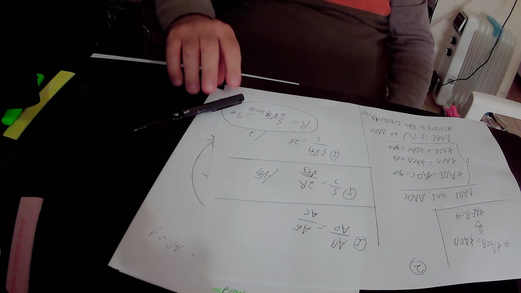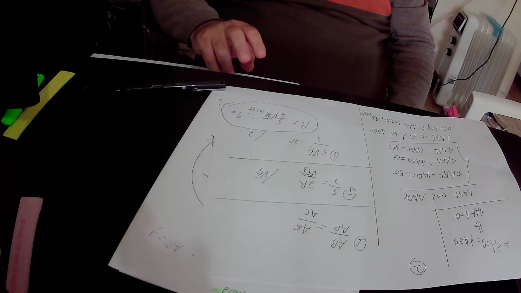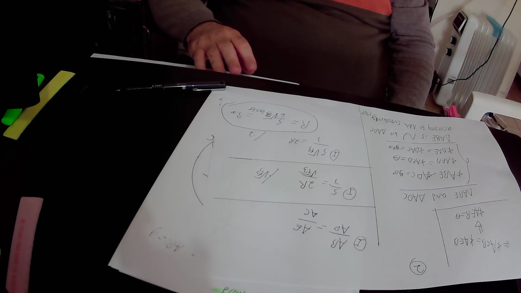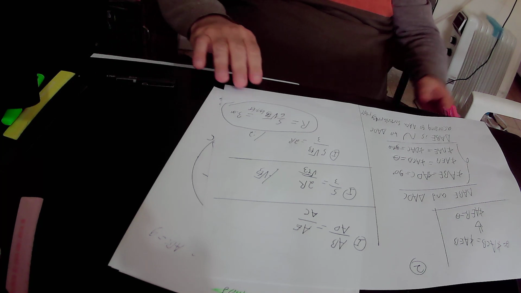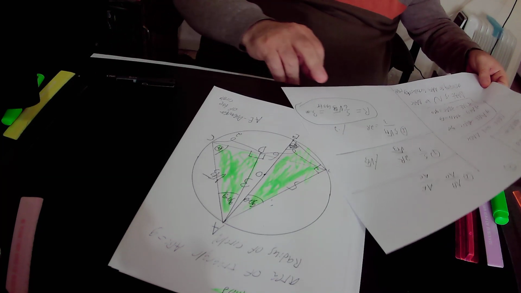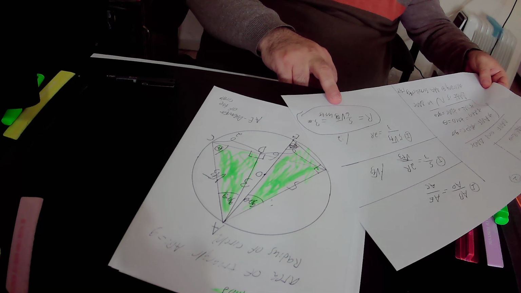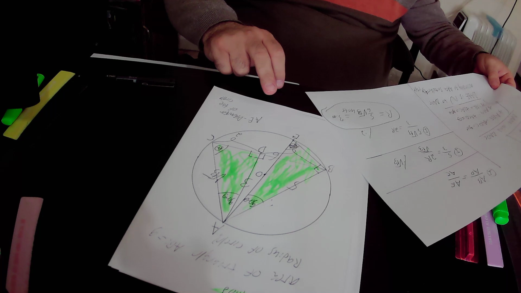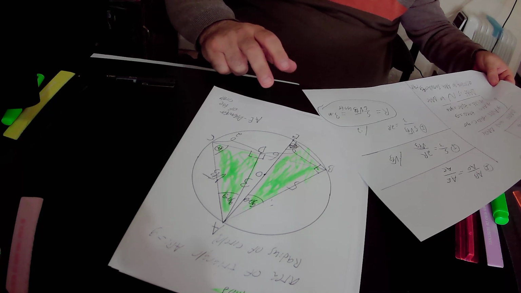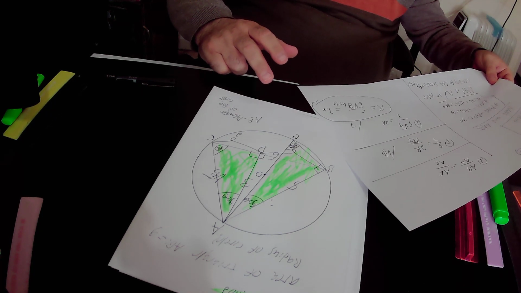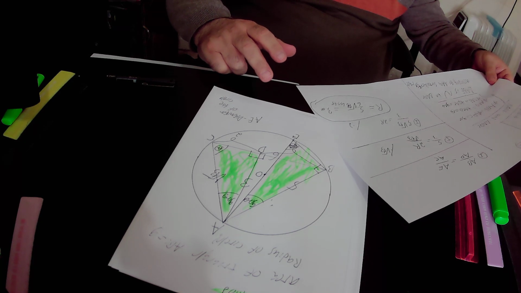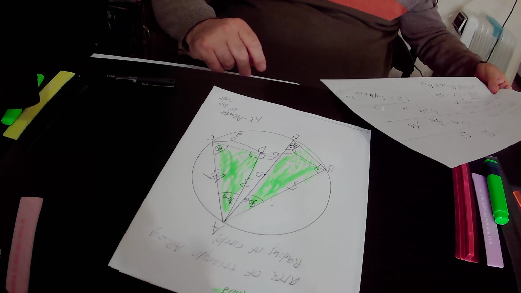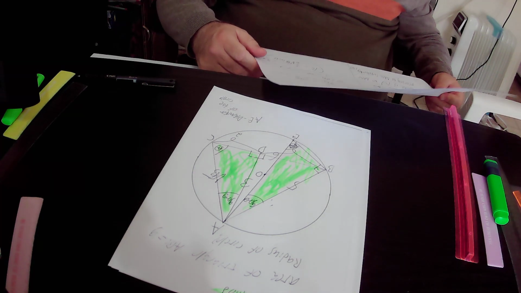Okay, so the radius of this circle equals either 5 over 6 times square root of 13 units, or in terms of numbers, a little bit greater than 3 units. Okay, so we finished with the first method.